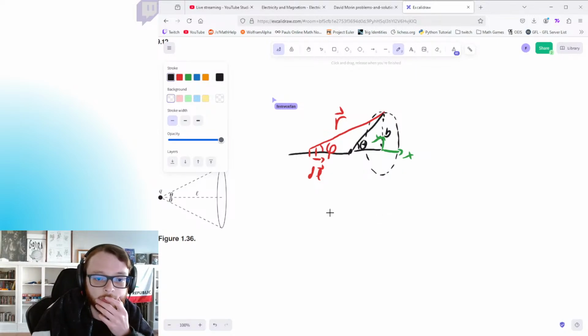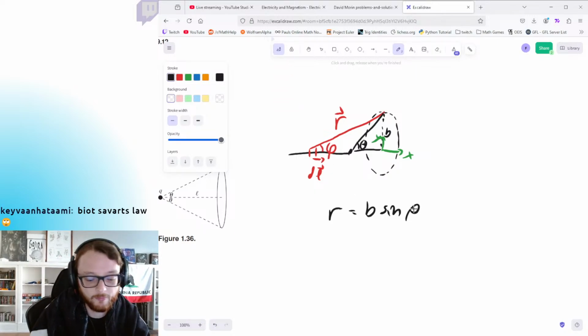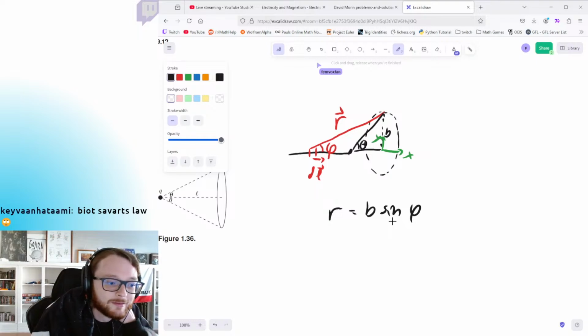And so I guess we know that R is equal to B sine this angle I'm calling phi. Oops, that's rho. Yeah, B sine of R is kind of weird to use.